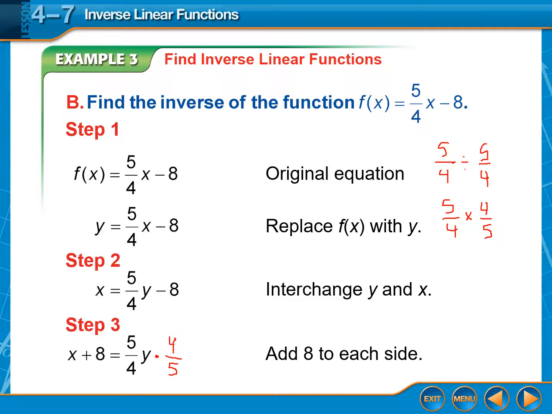Which means on the other side, I'm also going to multiply this whole side by 4 over 5. So anytime you have a fraction as a coefficient, 5 over 4 times y, to cancel out that fraction, you multiply by the reciprocal. So multiply, keep it, change it, and flip it. So you're multiplying by the reciprocal on the other side.